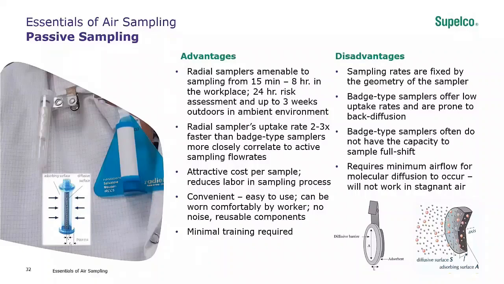But when you're looking to do investigation of more significance, then it's recommended to use a radial device that has higher capacity and greater sensitivity for sampling. And a disadvantage, as previously mentioned, is that a minimum airflow is required for the molecular diffusion to occur.